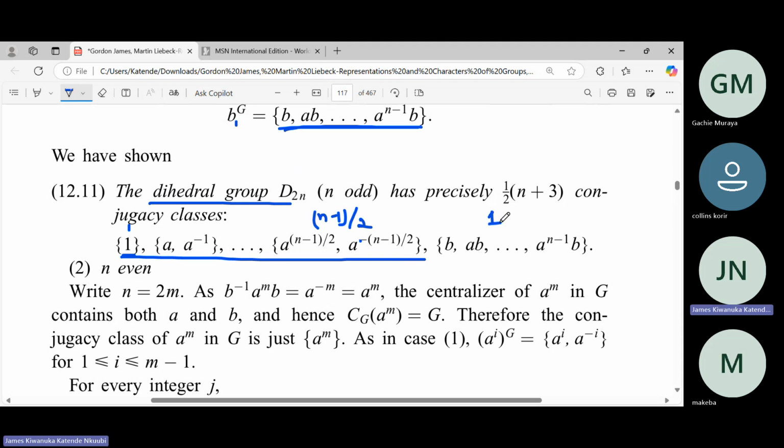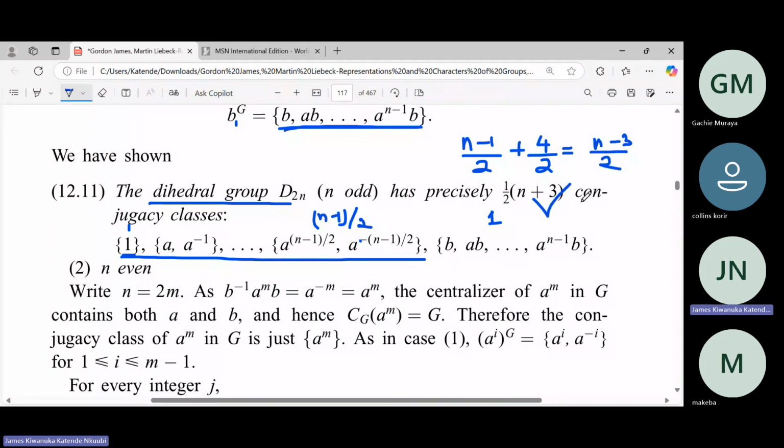So if you add them up, what do you get? They are (n minus 1) over 2 conjugacy classes, which are pairs, plus 2. 2 is the same as 4 over 2. This gives us (n minus 3) over 2.